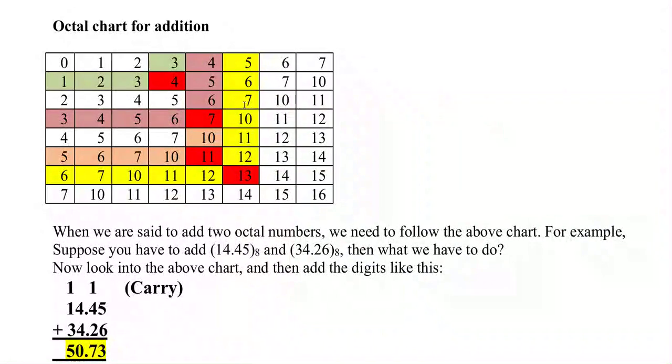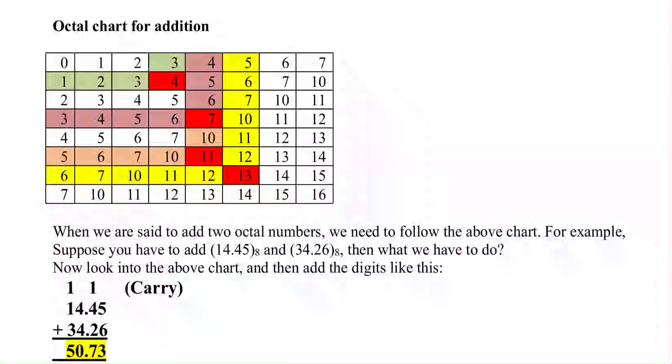For example, 5 in octal, if we add with 5, so 5 plus 5 in octal will result in 12. That is, 1 goes to carry, 2 come as sum. Similarly, 6 plus 5 becomes 13, 7 plus 7, 16, and so on.